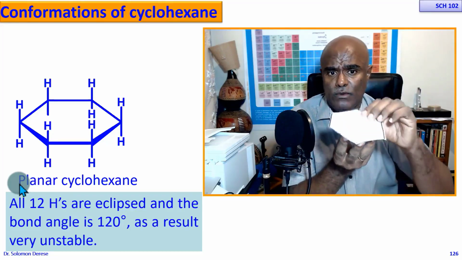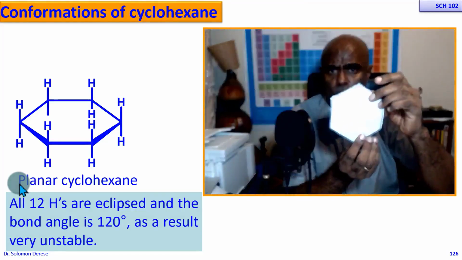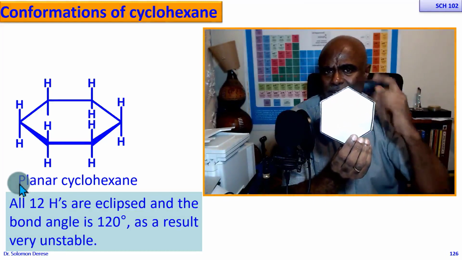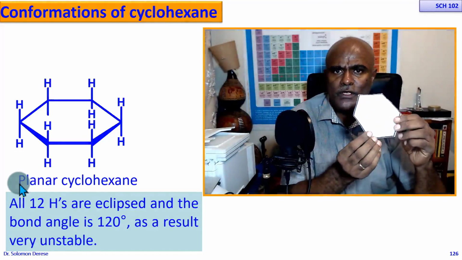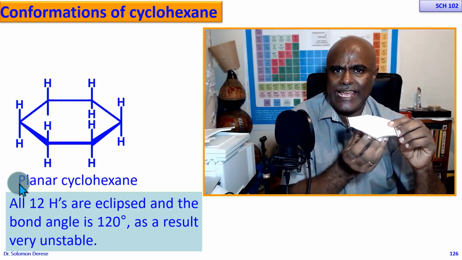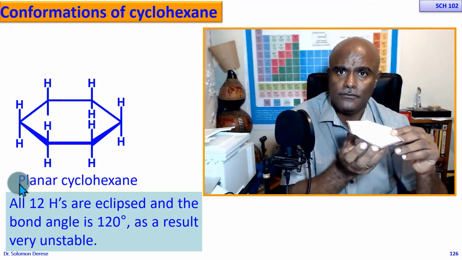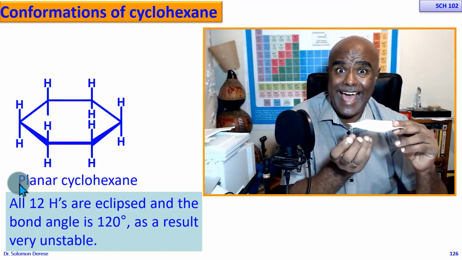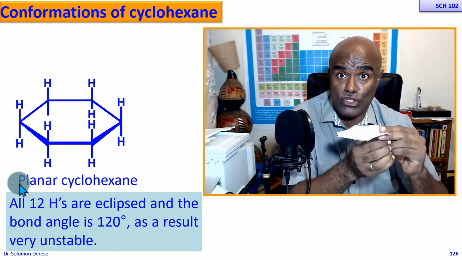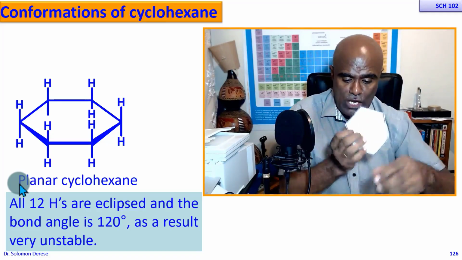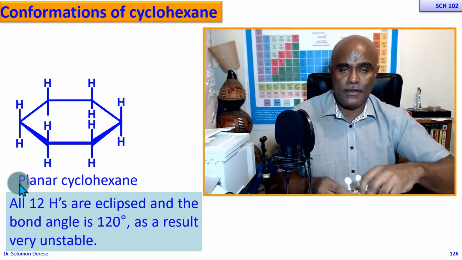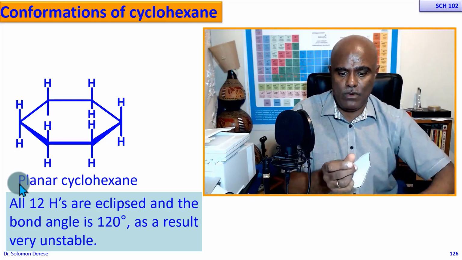Since this one will cause the bond angle to be 120 degrees and cause all the 12 hydrogens to eclipse with each other, cyclohexane adopts a three-dimensional conformation by rotation across its carbon-carbon single bond.